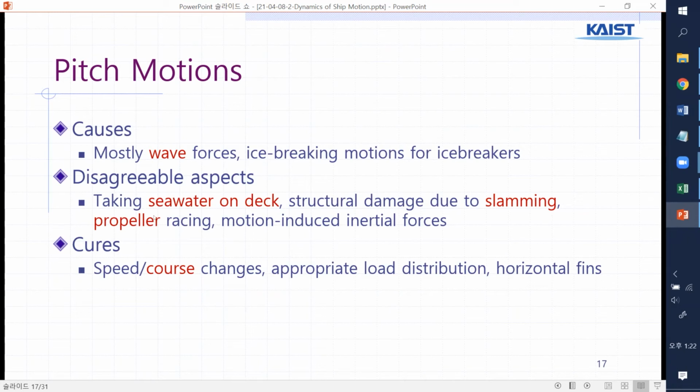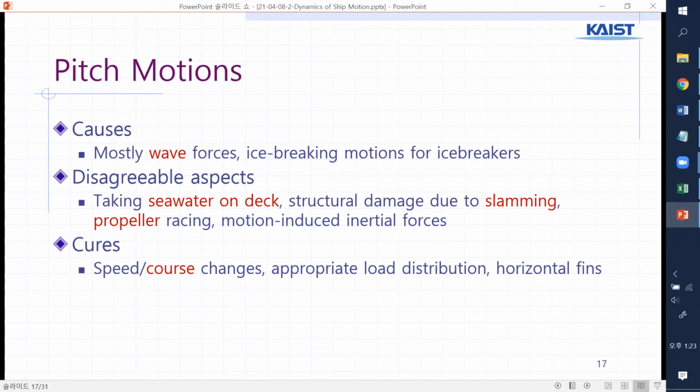And if the propeller is above the water surface because of pitching, then the propeller runs at very high speed because water is not there. And then also the inertial force is the same as in the roll.